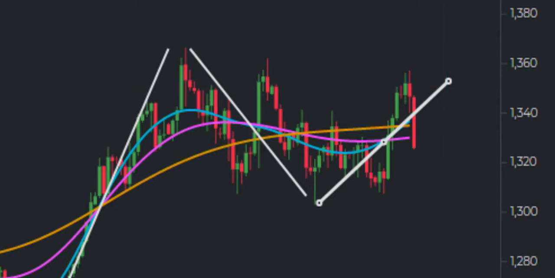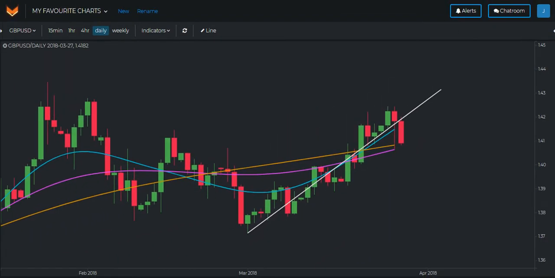As you can see in this example, price has already reached the level as indicated by the wealth crossover, so this would be a great example to just back off and wait to see what activity unfolds in the next few days on this particular symbol. In this example, we're looking at the GBP USD, and as you can see, the wealth crossover indicator is showing that there still is a strong probability of price moving to the upside despite the last 2 days having some movement to the downside.